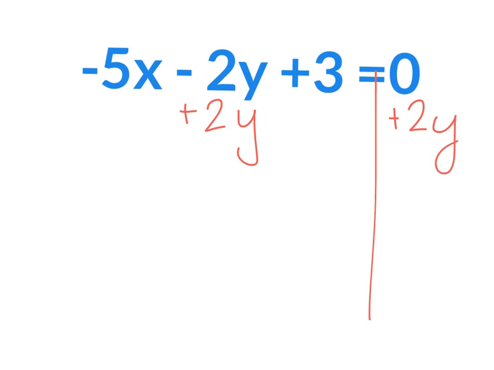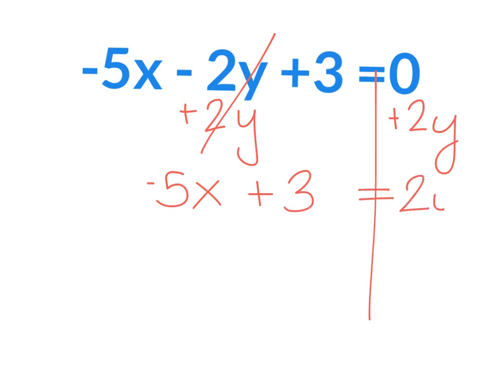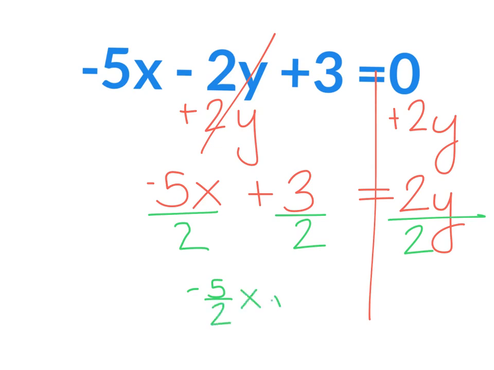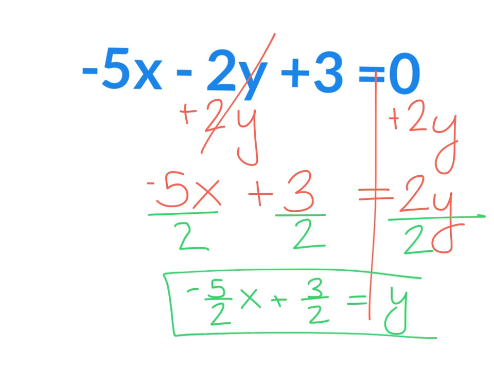It's not the only way, but that would result in negative 5x plus 3 equals positive 2y. And then to get rid of that 2, which is held by multiplication, I'm going to divide by 2, which results in negative 5 over 2 x plus 3 over 2 equals y. There it is. You could flip the two sides if that feels backwards to you.